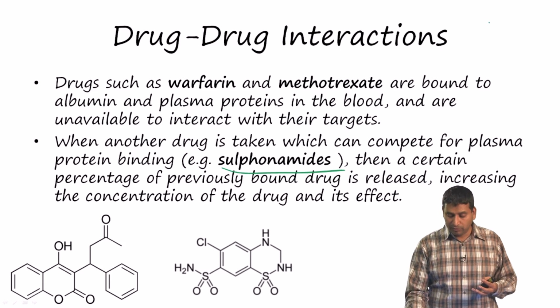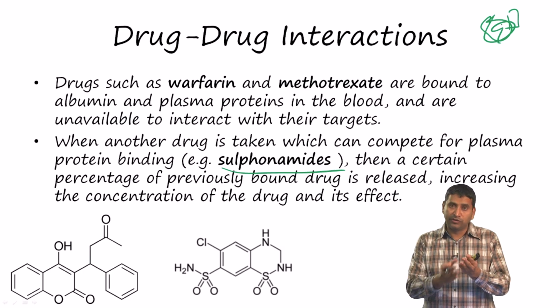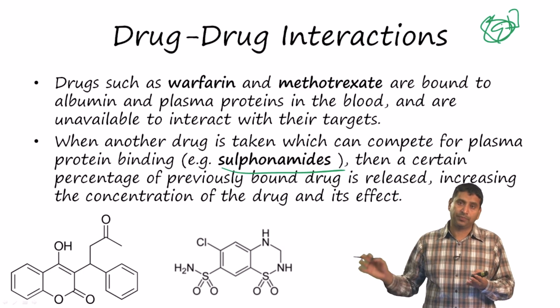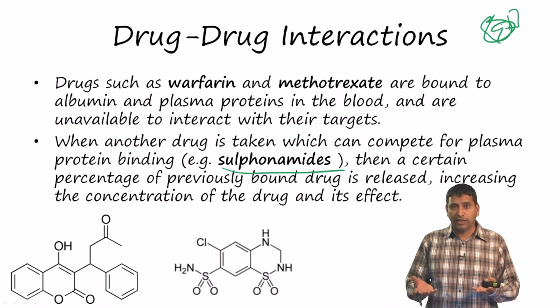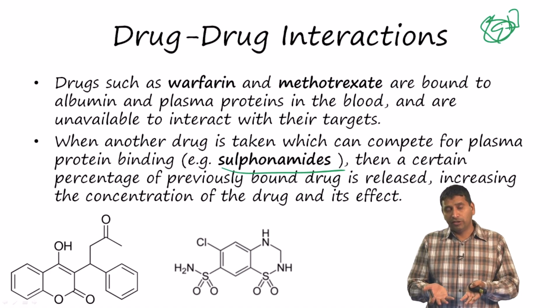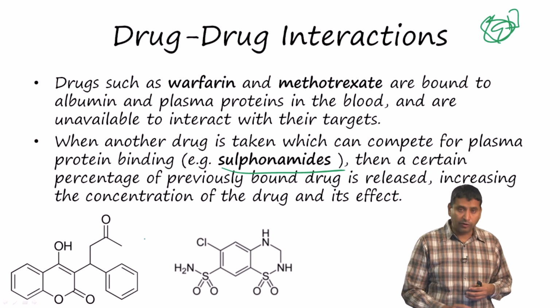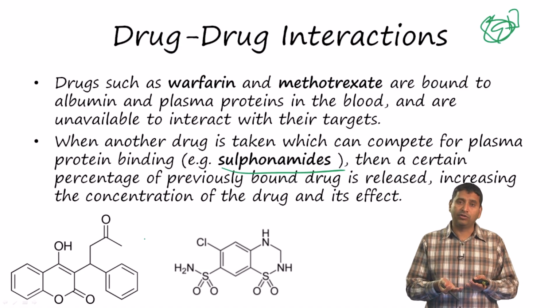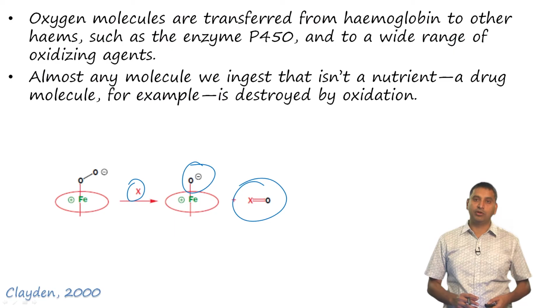Once there is competition from another drug, the first drug starts to get out. So, once the previously bound drug is released, an increased concentration of the drug results, and so warfarin may have an unexpected effect when you take it with sulphonamides.